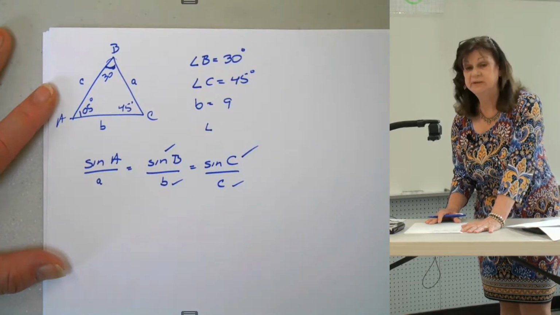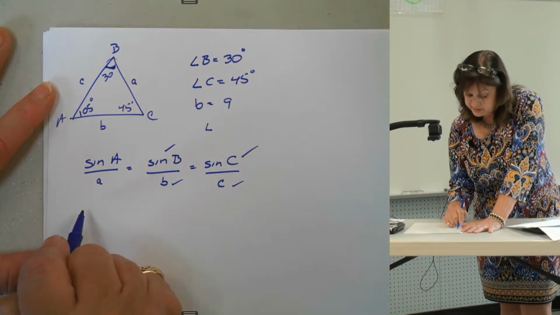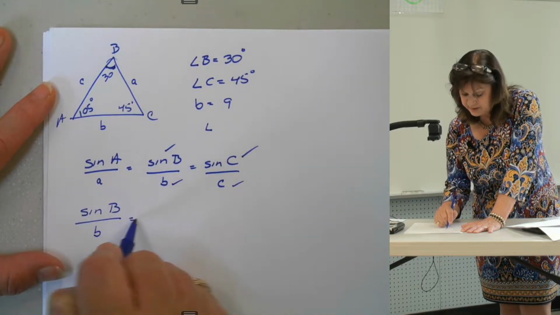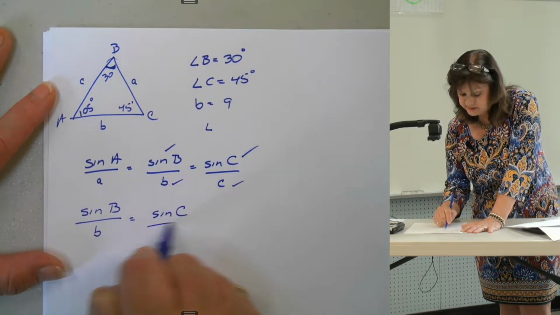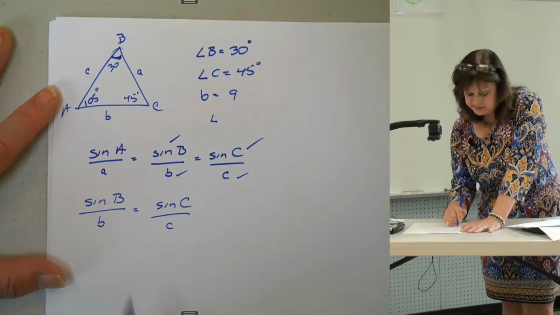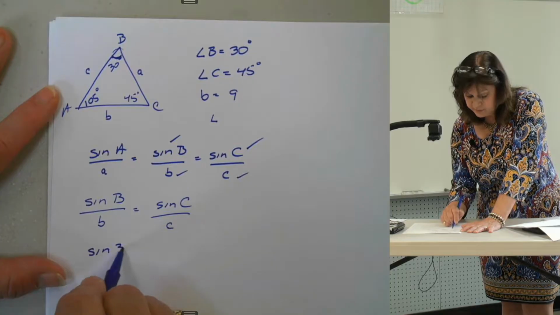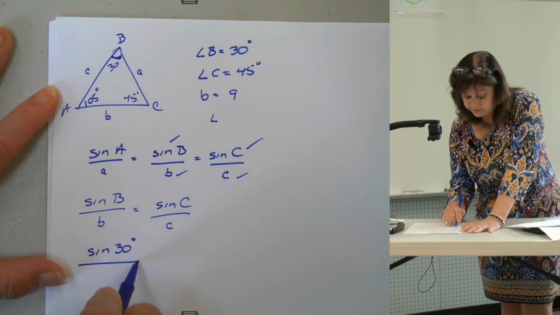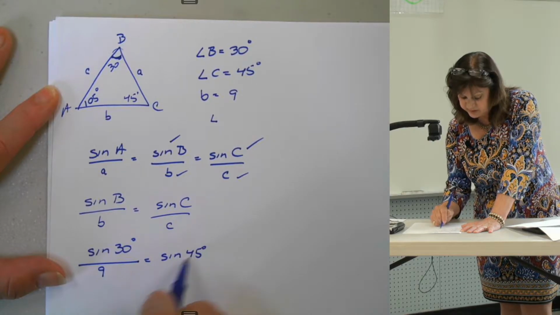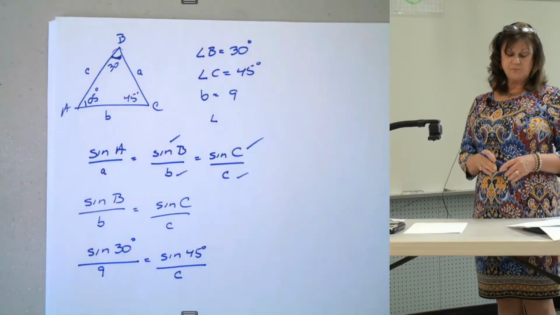You can just have two pieces. So I'm going to start with the sine of B over B, the sine of C over C. So the sine of 30 degrees over 9 is the sine of 45 degrees over, I don't know.